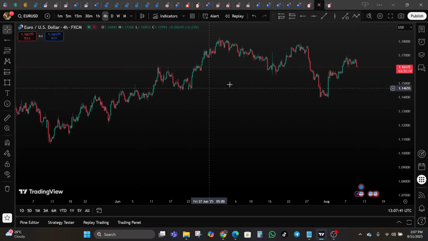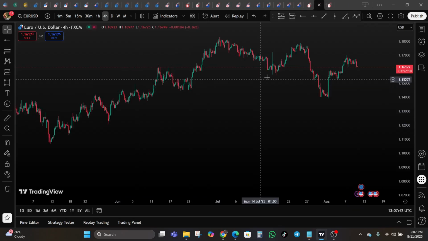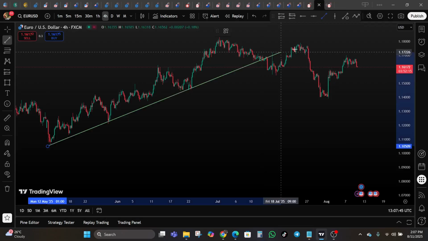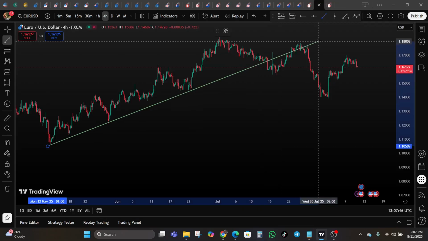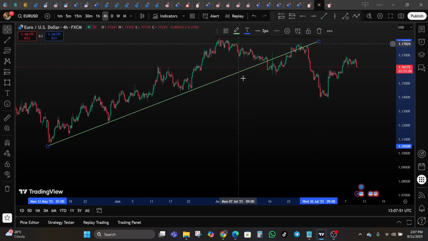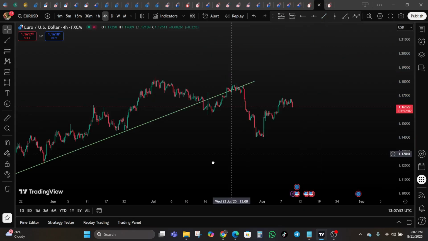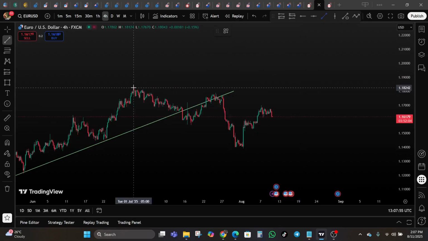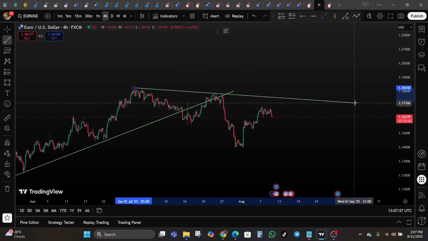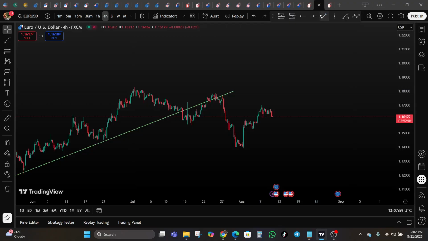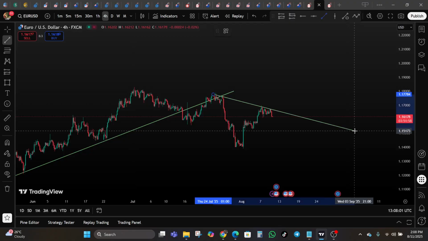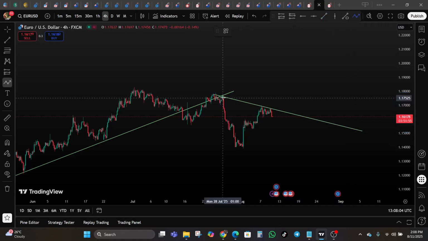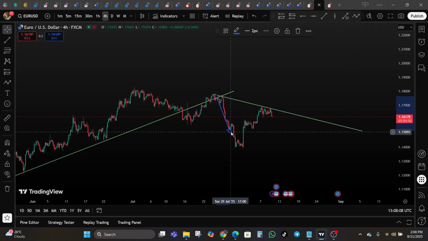So using the 4 hours as an example, you need to identify the trend first of all, connecting the lows. This was an uptrend, but at this point in time, the structure seems to have changed, right? We seem to be having a downtrend right now, okay?